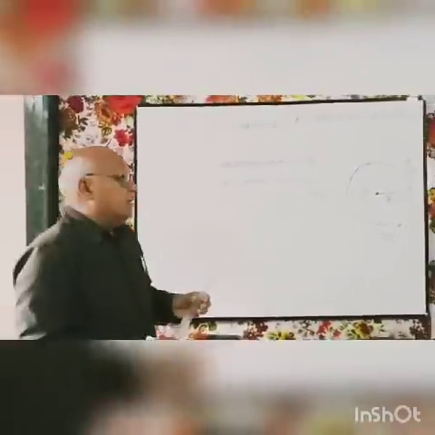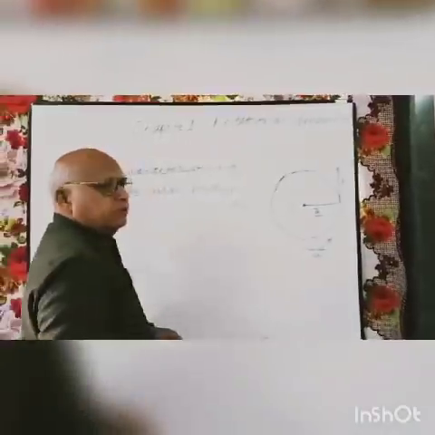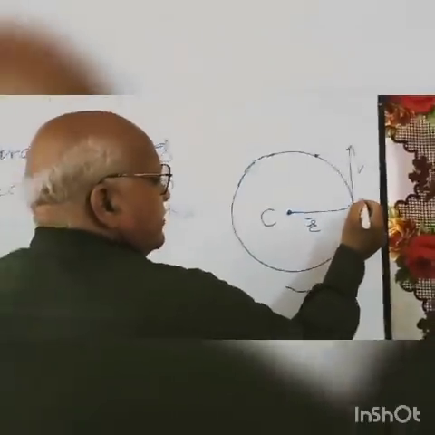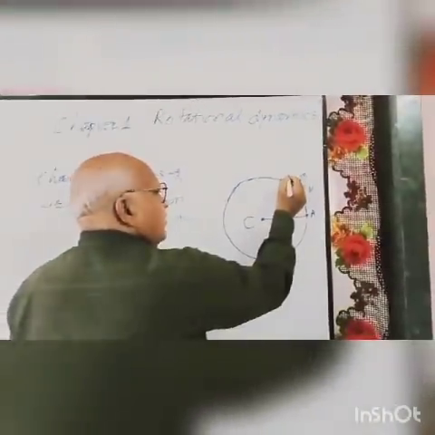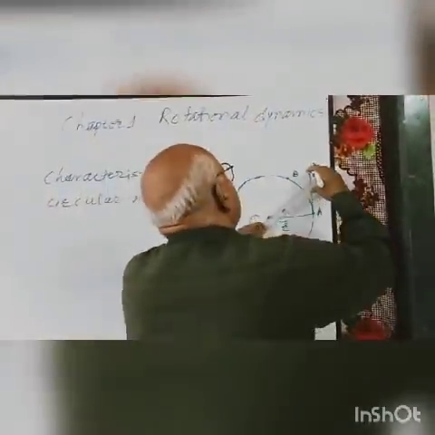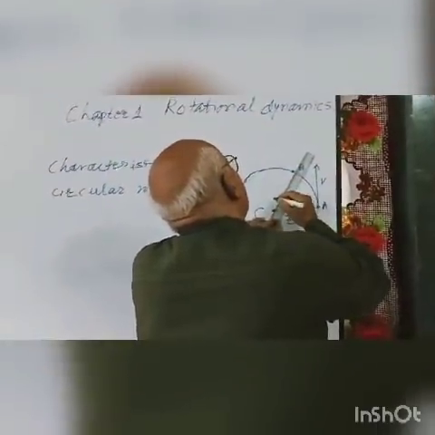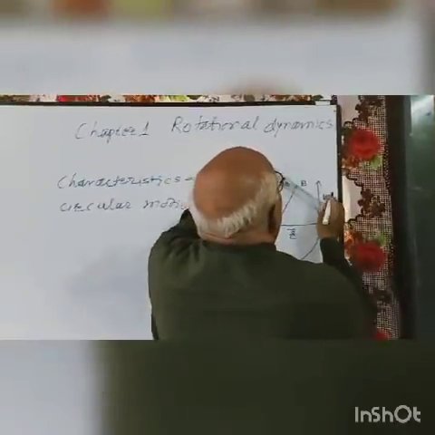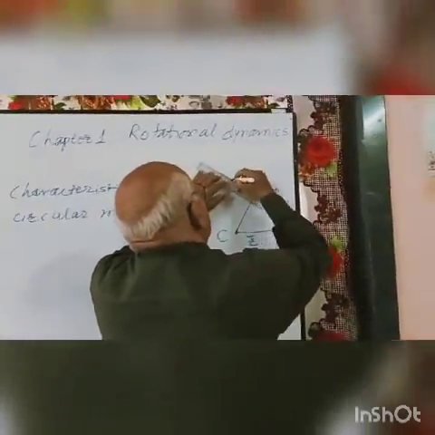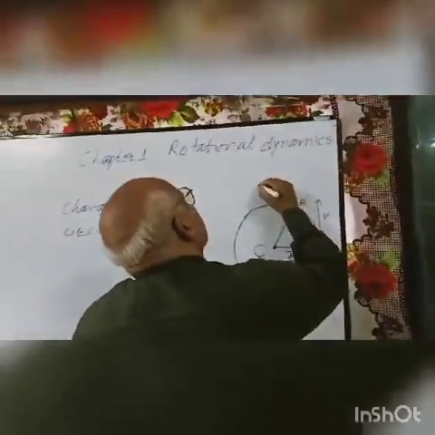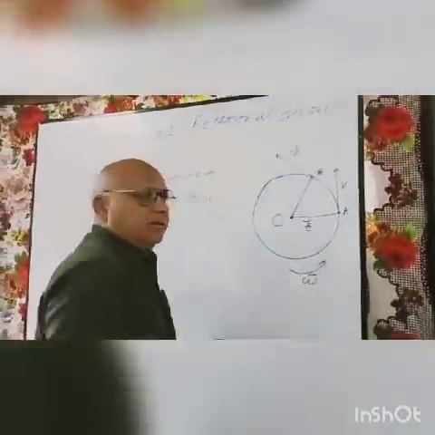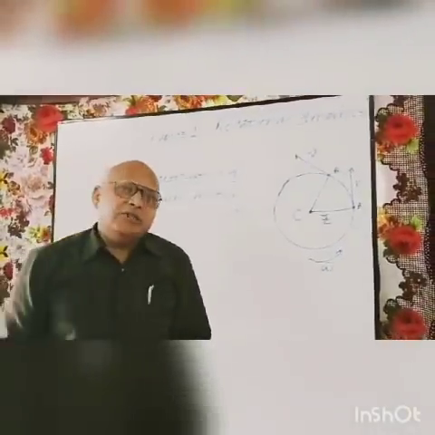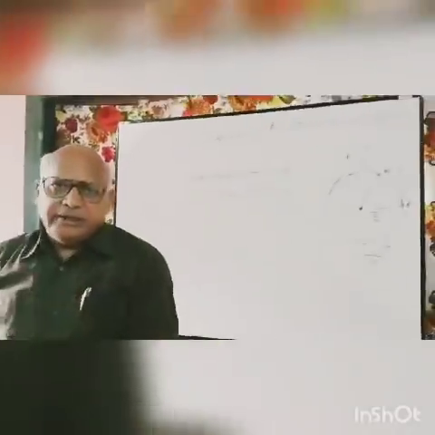At every instant, the velocity v changes. For example, suppose this is point A, it is moving up to point B. Then we have a linear velocity at this position which is tangent. Even though the magnitude of this velocity is constant, its direction is going to change, and that's why it is called an accelerated motion.